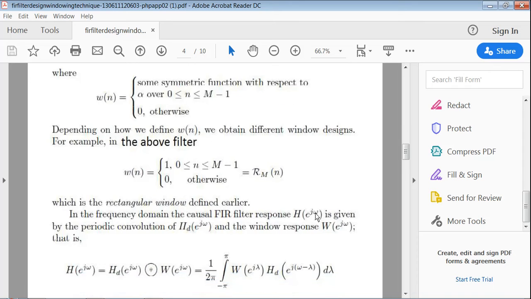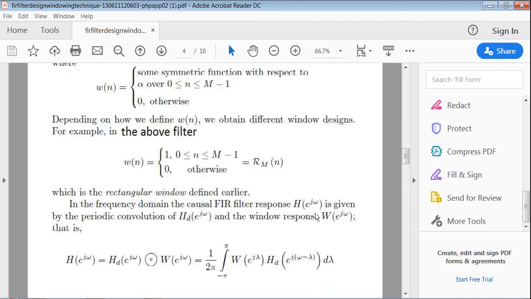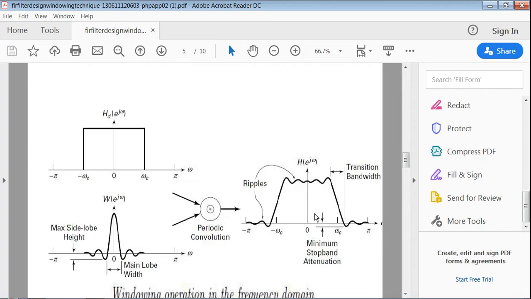In the frequency domain, the causal FIR filter response h of e^jω is given by the periodic convolution of Hd of e^jω and the window response W of e^jω. That is, H of e^jω is equal to Hd of e^jω convolved with W of e^jω, and the formula is given in terms of convolution.